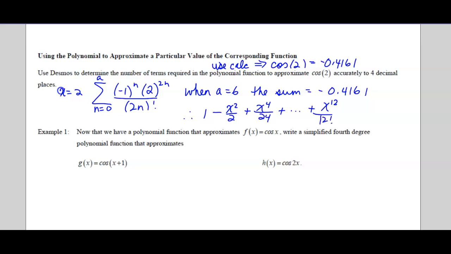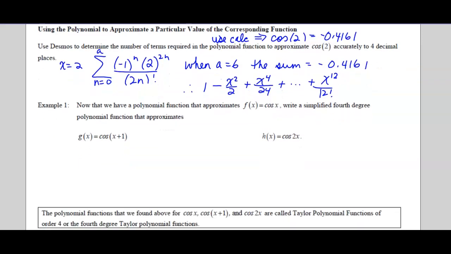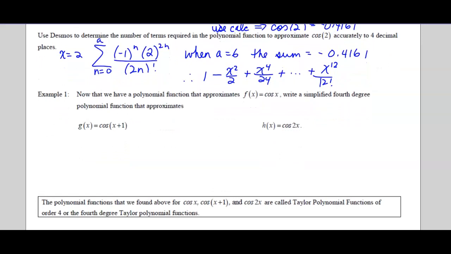Now that we have a polynomial function that approximates f equals cos x, I want you to write a simplified 4th degree polynomial function that approximates cos of x plus 1. So we go back to the degree 4 polynomial function. Remember, cos of x at degree 4 is 1 minus x squared over 2 plus x to the 4th over 24.